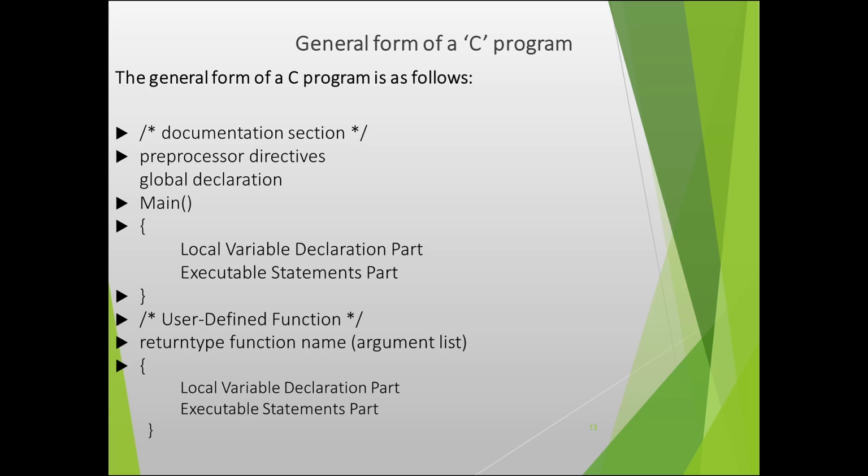If we want to use n number of arguments, they can be separated by the separator comma. And as I told, the main function has a local variable declaration part and an executable part. Similarly, the user defined function has two parts: local variables as well as the executable statements part.